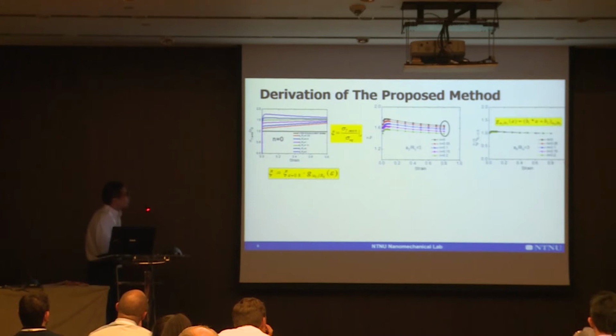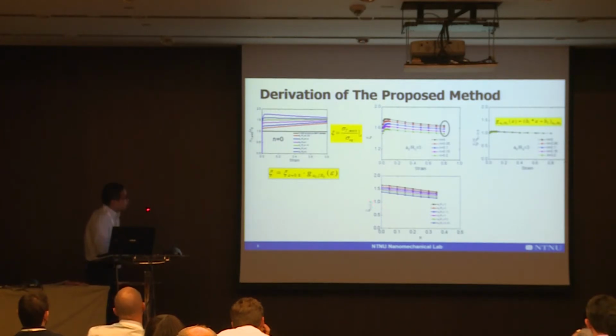The ratio now can be expressed as the reference value and the G equation, the G function. And the reference values we took here are plotted in this figure as a function of the hardening exponent. We can see that for different notch geometries, this reference value also has the same behavior.